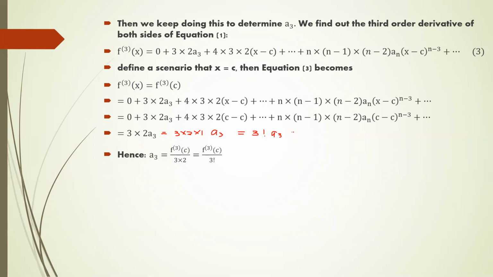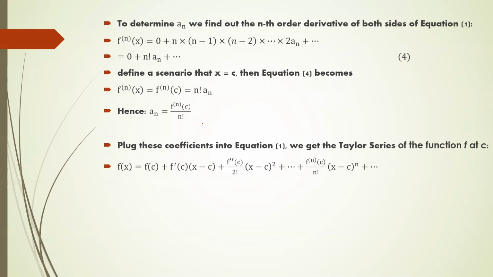So we found that factorial of 3 times a3 equals f3c, which means that a3 equals f3c divided by factorial of 3. So now we crack a3.